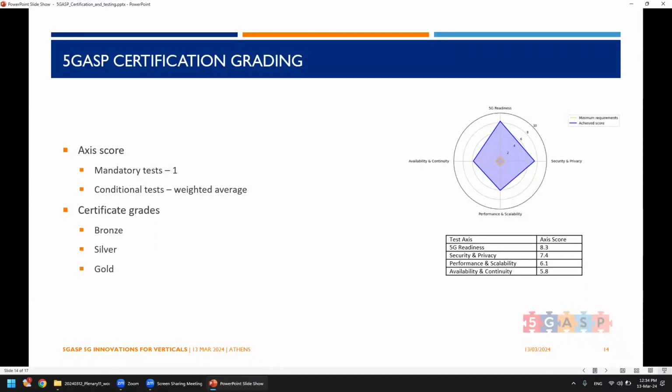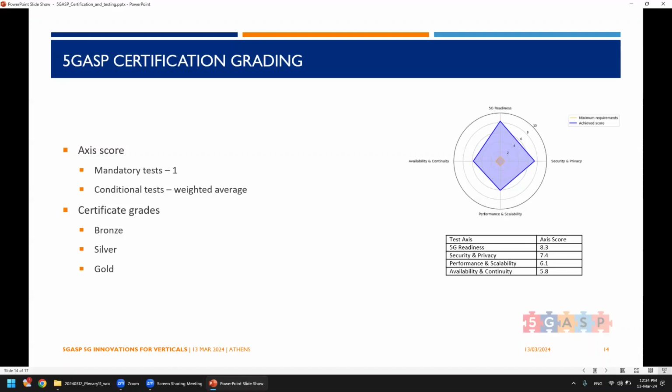This axis score is the bare minimum that someone needs to have so as to be awarded a certificate on this specific axis. It goes without saying that every mandatory test needs to be performed and successfully passed so as to award the minimum certificate. Also, the grading is further supplemented by the conditional tests, where they contribute towards the axis score via their weighted average.